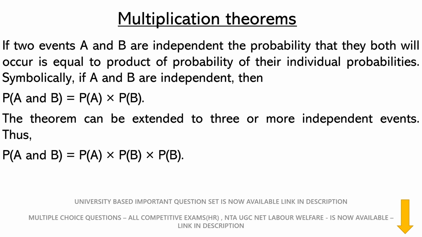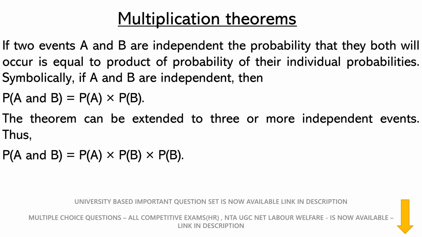Why I have explained independent events here is because of the multiplication theorem. If two events A and B are independent, the probability that they both will occur is equal to the product of their individual probabilities. So if A and B are independent, then P of A and B is equal to P of A into P of B. The theorem can even extend to two or more independent events.